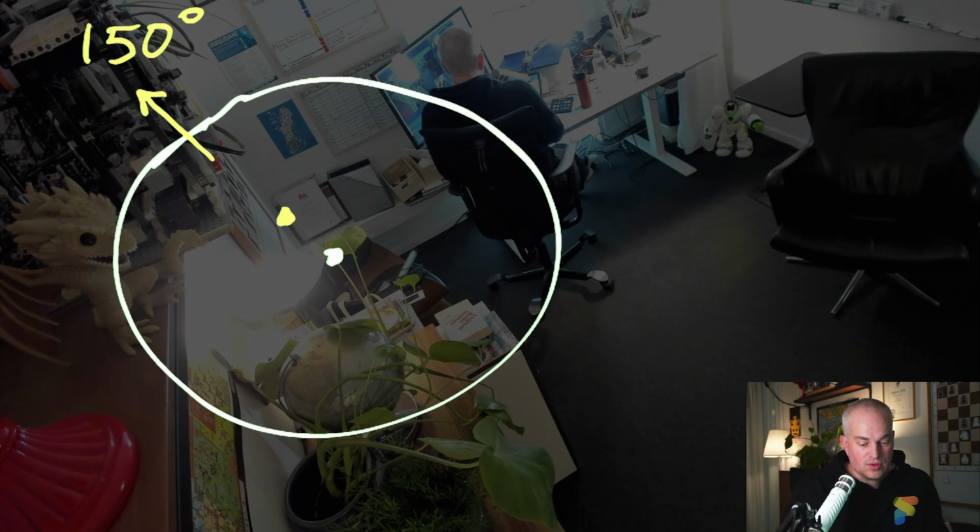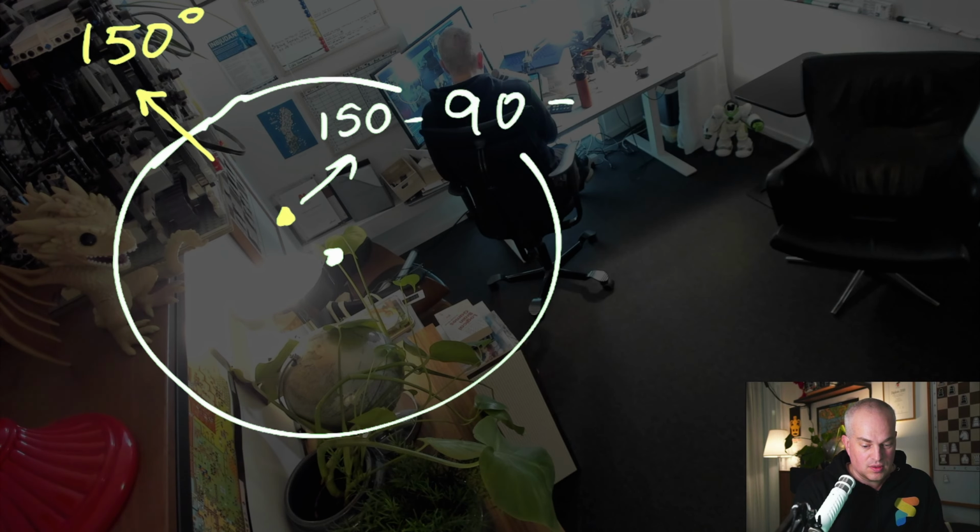So then we want to instead move in a circle. So how do we find a circle? We want to move something like this, perpendicular to the direction that we are from the midpoint. So then we take 150 minus 90. So this is something like 60 degrees.